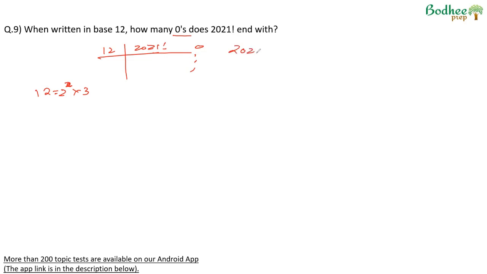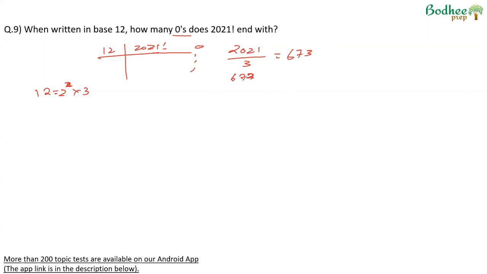If we look at 3, 2021 divided by 3 would be 673.